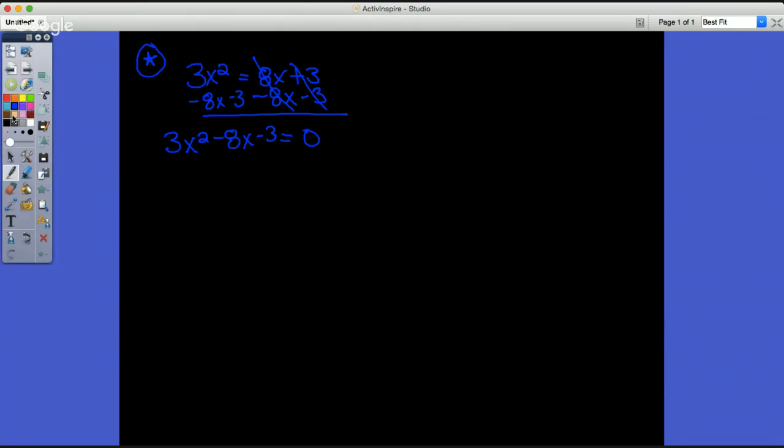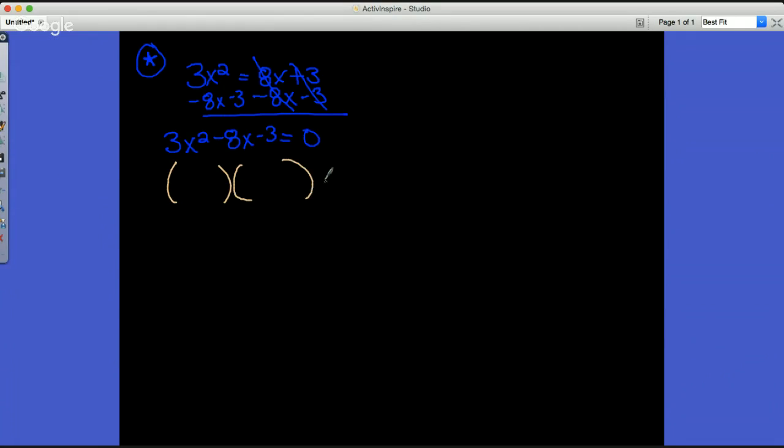All right, so now what I need to do is figure out what could be factored out to have this come back to what's on the top if I were to distribute. Now, one thing that people have done is the A times C method, and that would work.